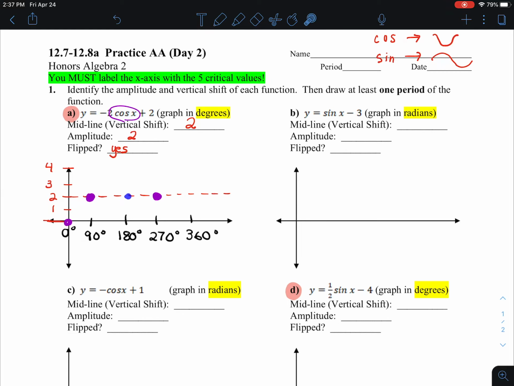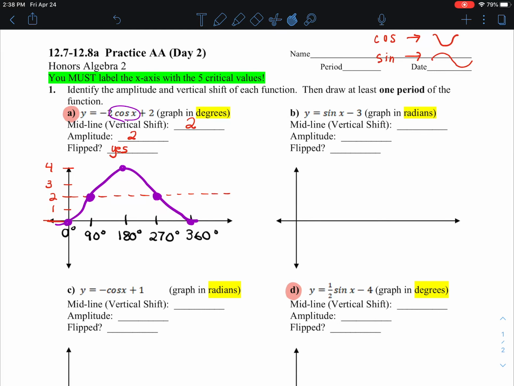Then with your pencil floating on the midline at the middle of the wave, which is at the 180 mark, normally you would go down to create that deep valley, but since we're flipped, you're going to stretch up the amplitude of 2 units. And then again, at the end, your pencil is on the midline, but you're not making a point on the midline. You're stretching down 2 units. You would connect those to make your graph.